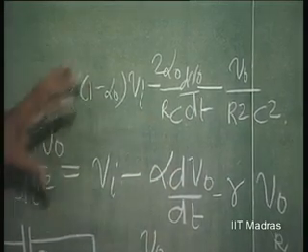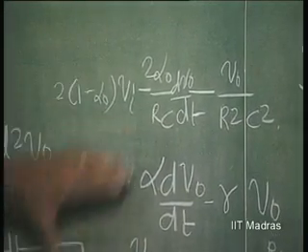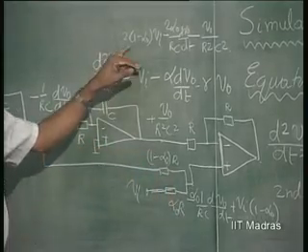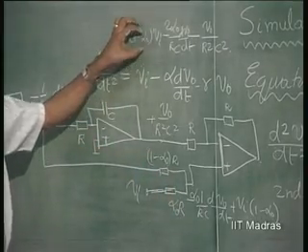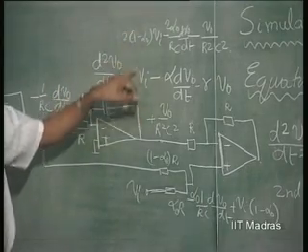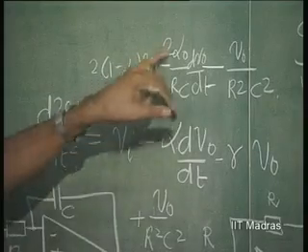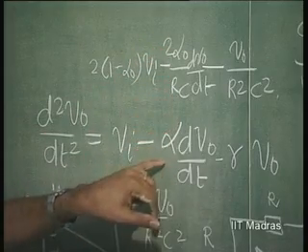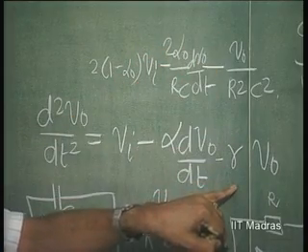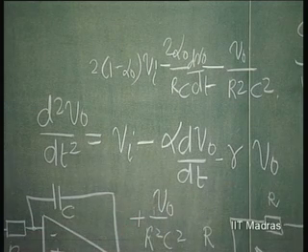So, you can see here that essentially I have got the right hand column on this side with the proper sign, except that these coefficients have to be properly selected. This may be made equal to 1 and this 2 alpha naught by RC is made equal to alpha and gamma is equal to 1 over R squared C squared, like that you can select.